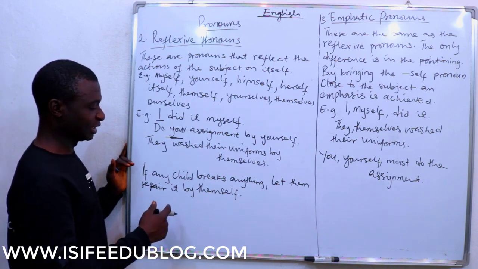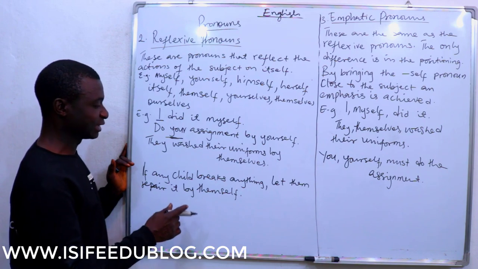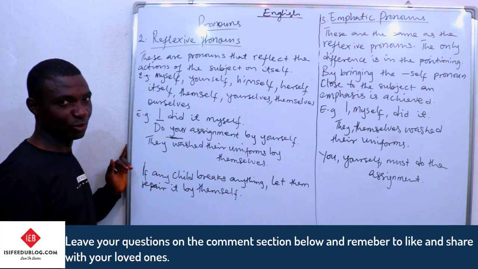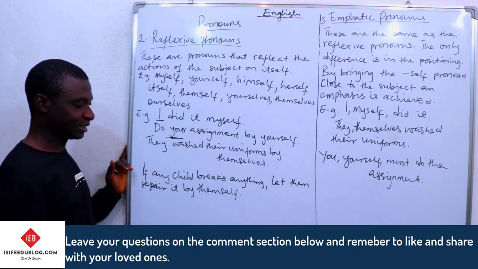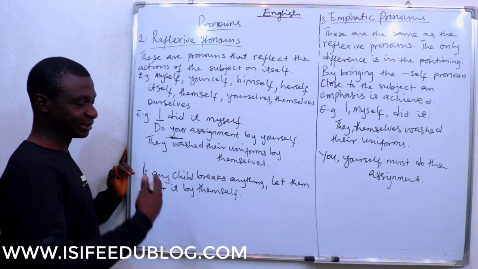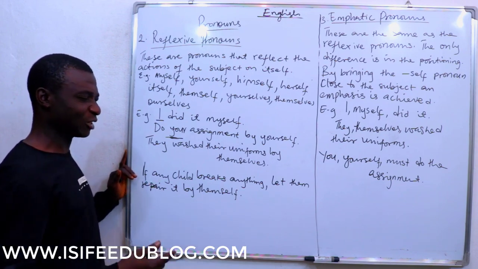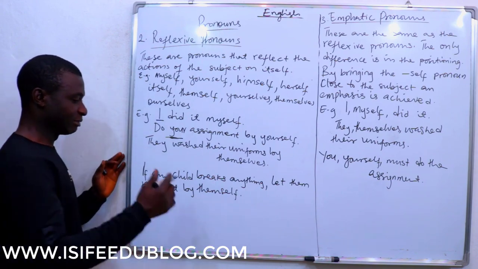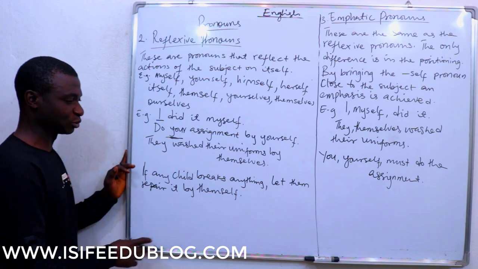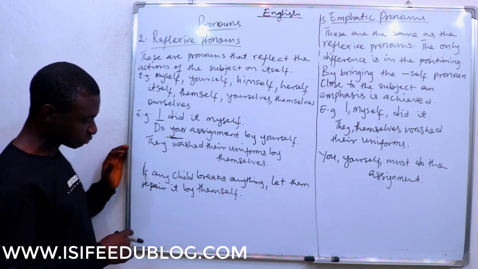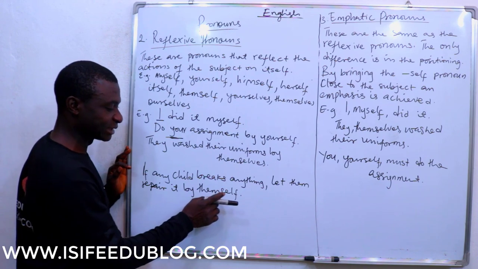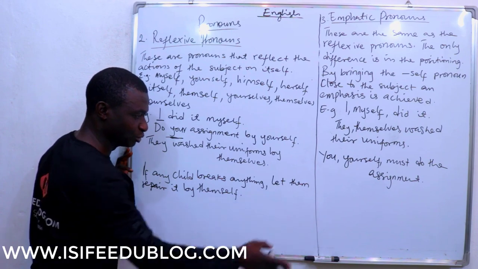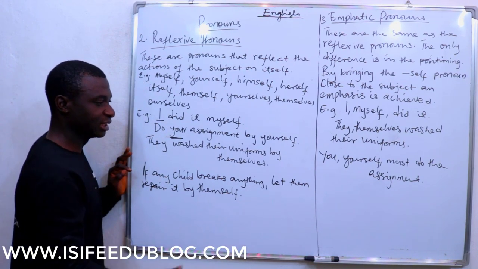Because the belief is that if you say, if any child breaks anything, let him repair it by himself, you are sidelining the woman. The child could have been a girl. Now you're using him and himself. So where is the place of the woman? Well, they may not be too antagonistic. But the grammatical approach to solving this problem is that we've created themselves. Now I've used them here. Them as a plural pronoun is neuter. It's not for the man, it's not for the woman.